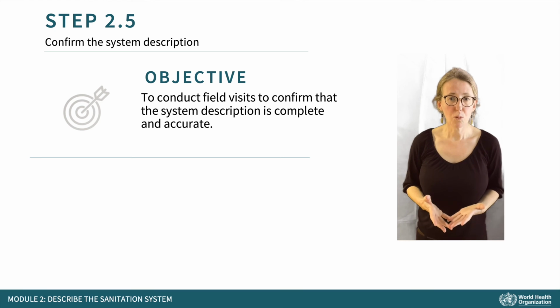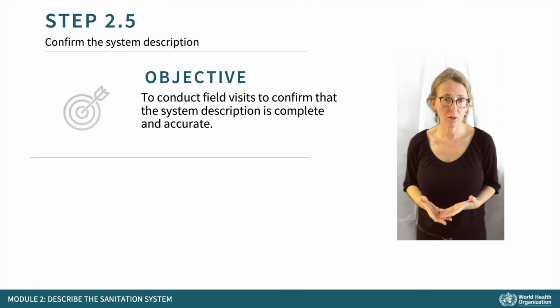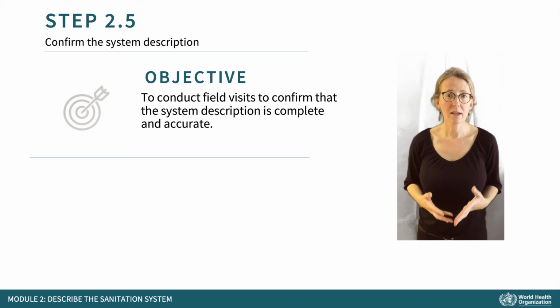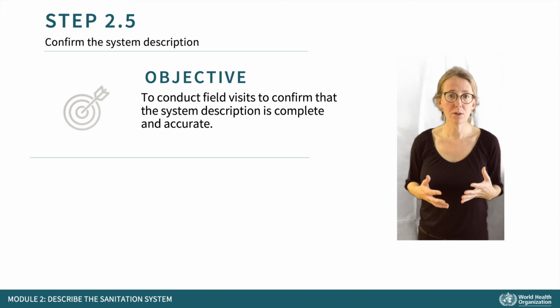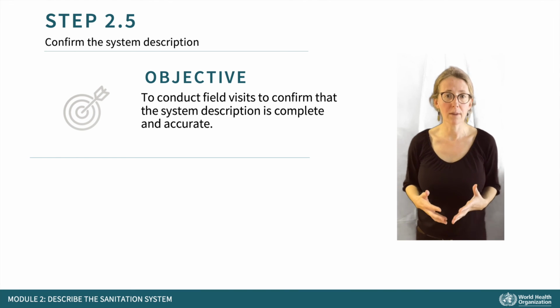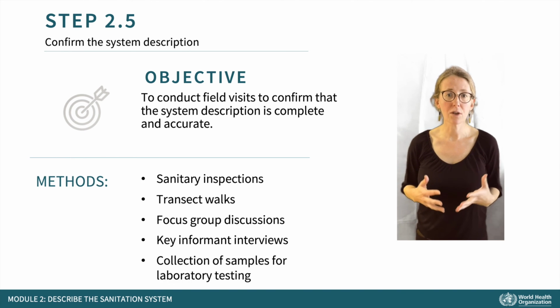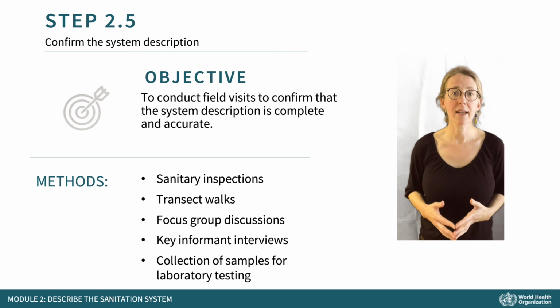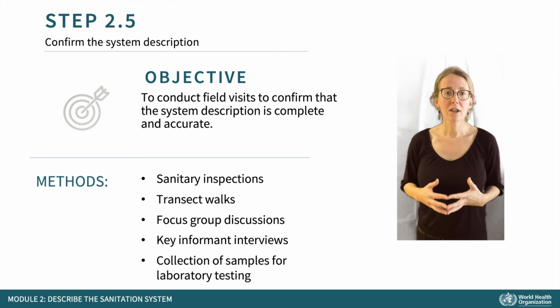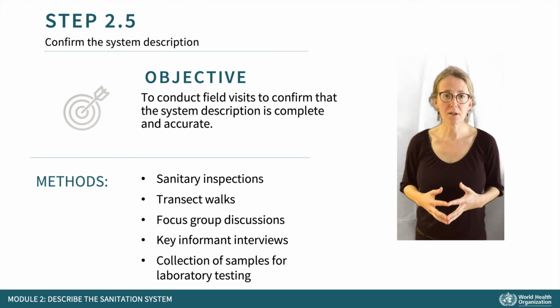And because step 2.1 to 2.4 are mainly a desk exercise, step 2.5 aims to conduct field visits to confirm that the system description is complete and accurate. There are a number of methods to conduct field investigations, such as sanitary inspections, transect walks, focus group discussions, key informant interviews, and collection of samples for laboratory testing.